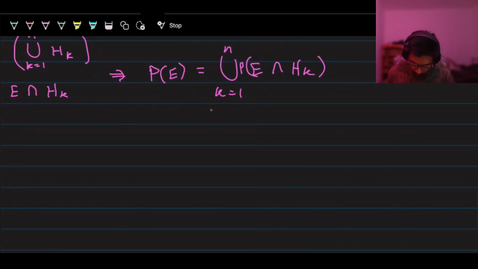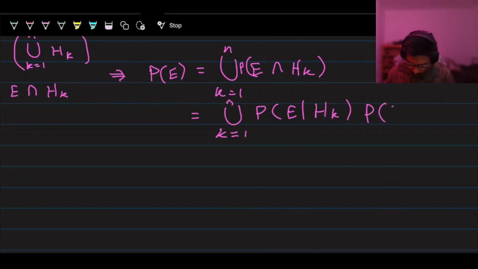So we can simplify this further, saying that this is the probability of our evidence given our hypothesis times the marginal probability of our hypothesis. And these were sets, but now we are summing over all of these hypotheses.